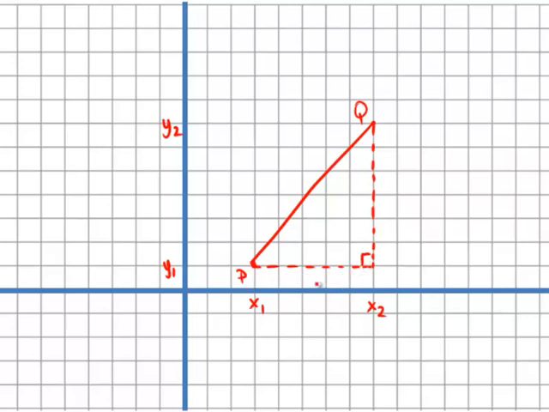So in general, if you take the x values and subtract them, you're going to get the horizontal component. Similarly, if you take the y values and subtract them, you'll get the length of the vertical component. So, if we use the Pythagorean Theorem, we can find our missing side, d.